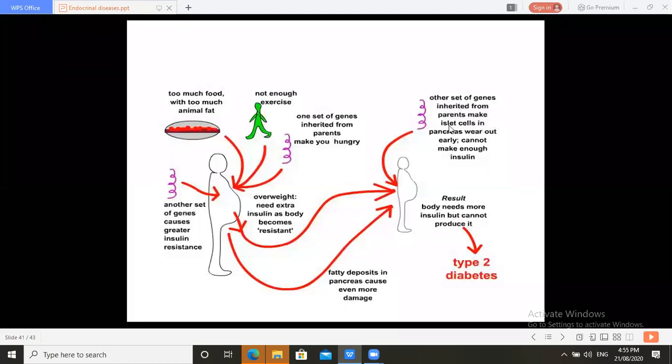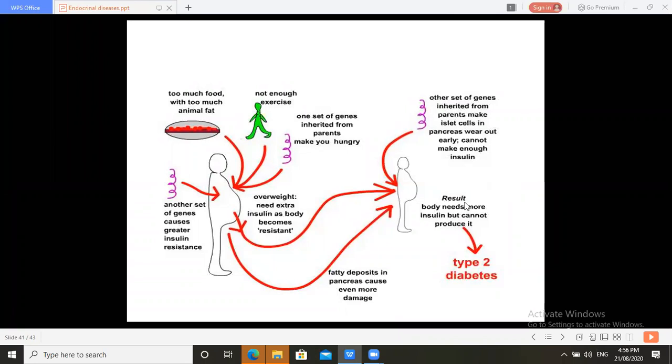So all these factors give rise to overweight, and this increases the insulin resistance. Again, what are the effects of these things? The effects are deposition of fat in the pancreas causing more damage, and the effect of other genetic predispositions which destroy the islet cells. They are not able to secrete insulin in proper amount, they get degenerated and cannot make enough insulin.